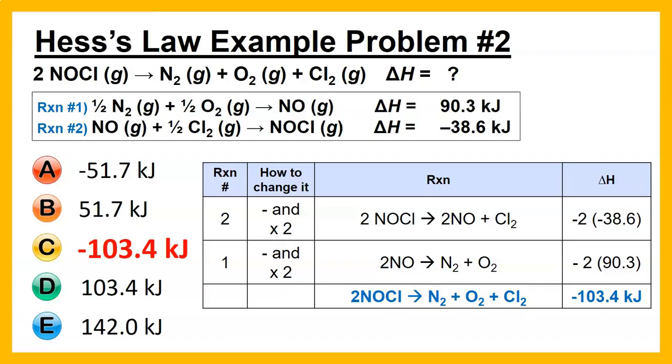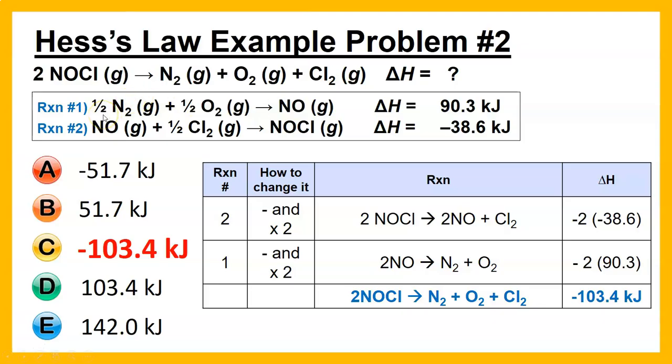So the way I did it is I looked and said, okay, I'm trying to get this as a reactant. If I flip reaction 2, it will be on the correct side. But I need 2 moles, and this only shows me 1 mole, so I'm going to have to multiply it by 2. Then I'm trying to get nitrogen and oxygen to be products, so if I take reaction 1 and I flip it, they'll be on the correct side. So that means I need a negative sign, right?